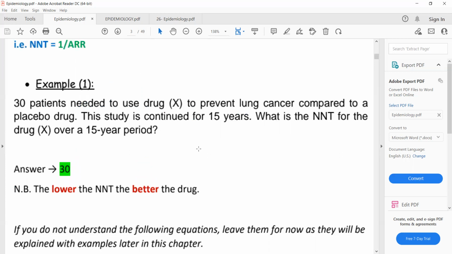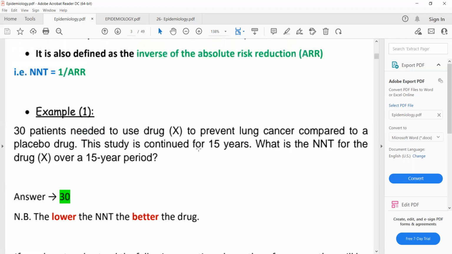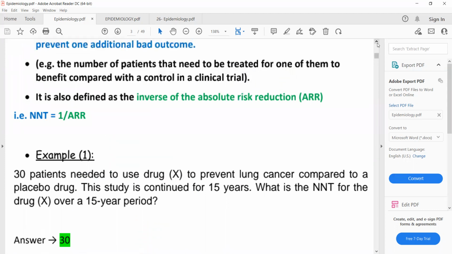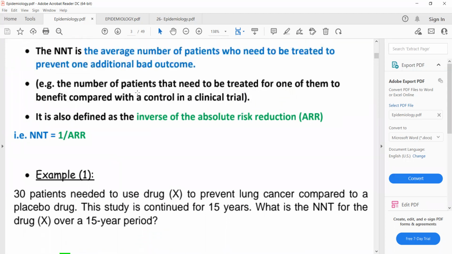The other way of calculating NNT is that NNT can also be defined as the inverse of the absolute risk reduction. Just remember that there are two ways by which this question will be asked in the PLAB.